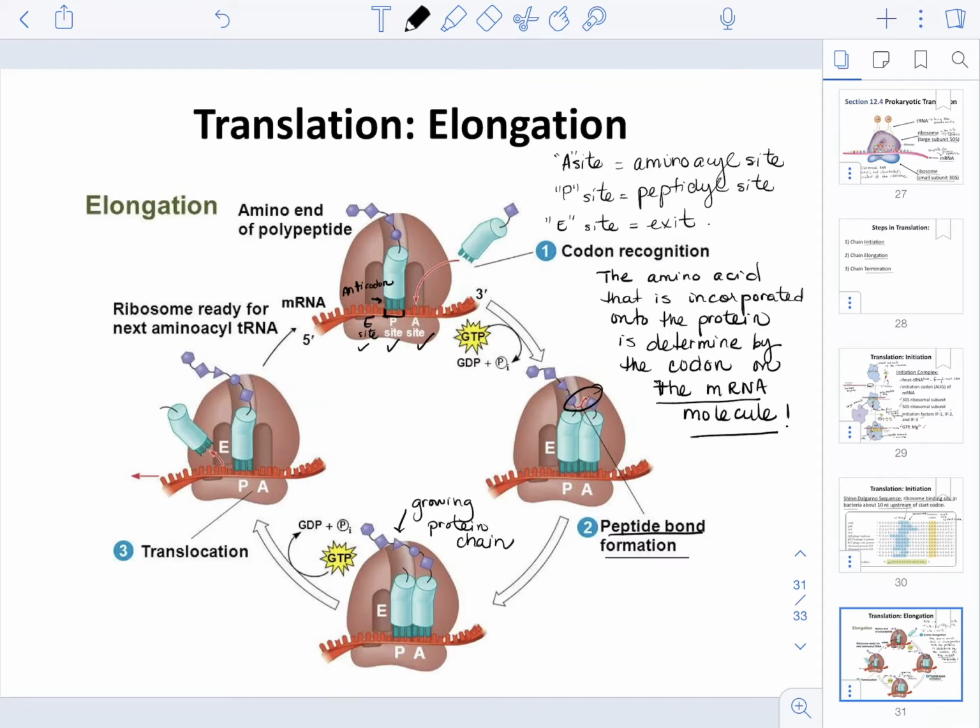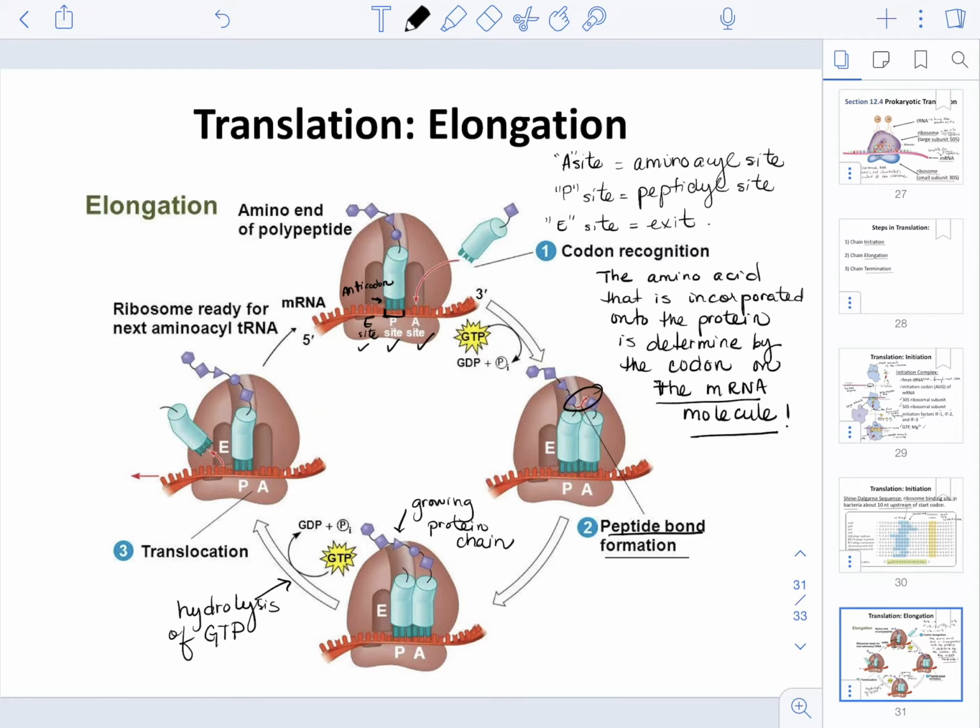Then we have hydrolysis of GTP, and after this hydrolysis, we have translocation of the free tRNA that was in the P site onto the E site so it can exit, and the tRNA that now has the growing polypeptide chain moves onto the P site.